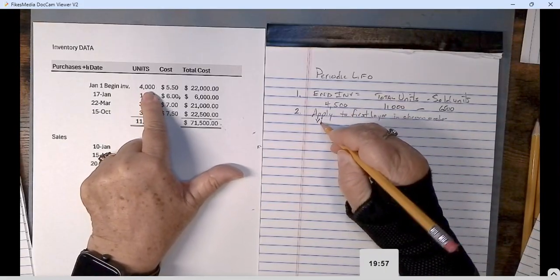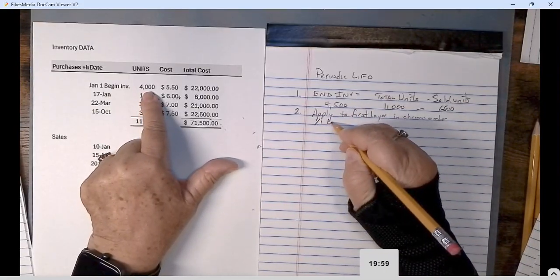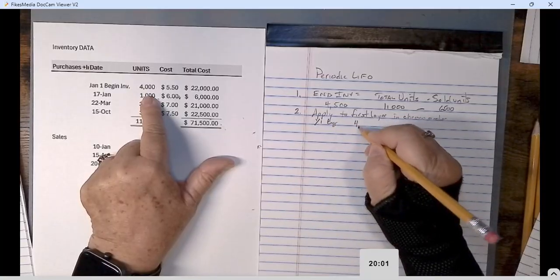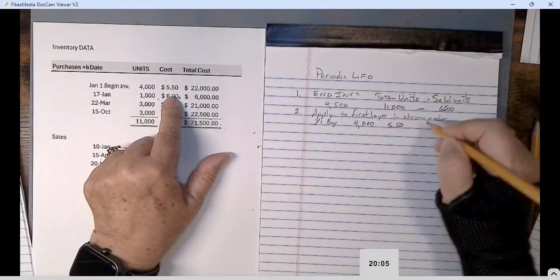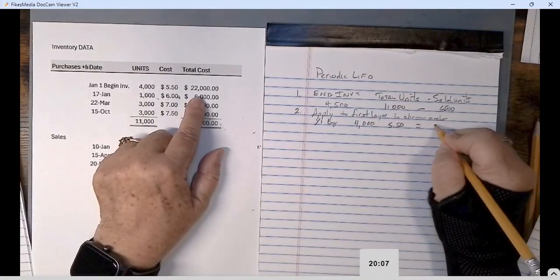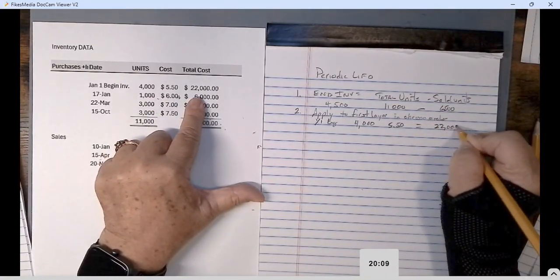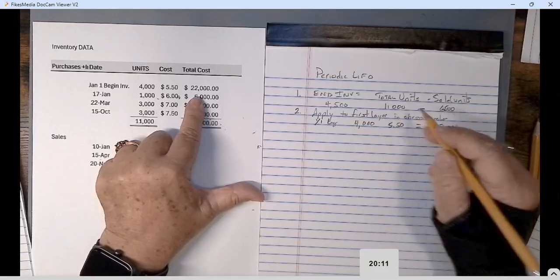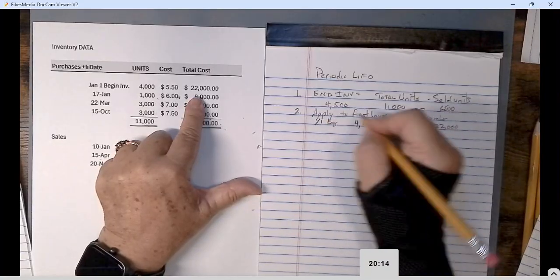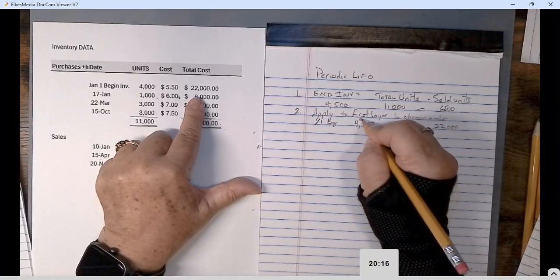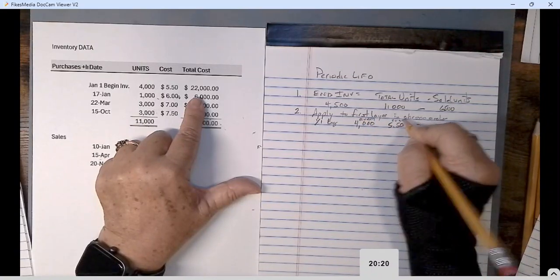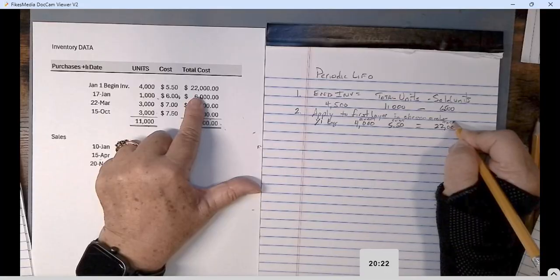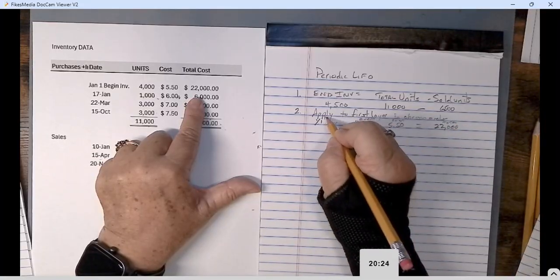So I'm going to look at 1, beginning, and I'm going to get 4,000 units out of that layer at $5.50, and that equals 22,000. I could have put caps on these columns as well, right? I could have put date, quant, cost, total. Okay.